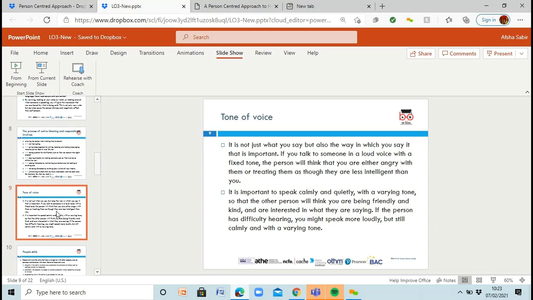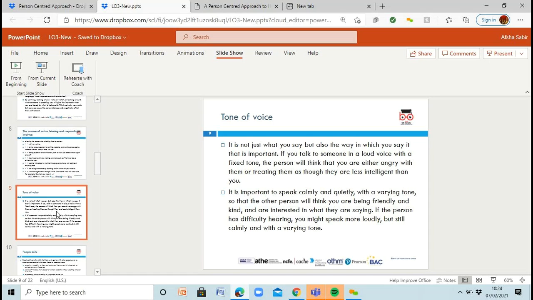So if you're speaking in a loud tone, it could be very threatening. It would make someone feel that you're being angry with them, or that maybe if you're talking to somebody in a particular way, they might feel that they're less intelligent than you. So you just need to make sure you match your tone of voice with the person you're speaking to.